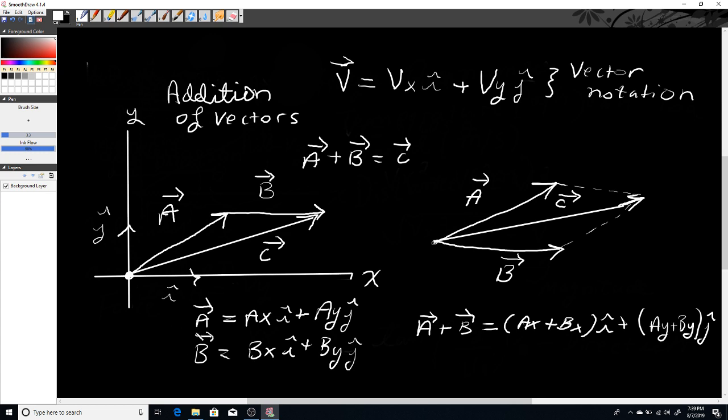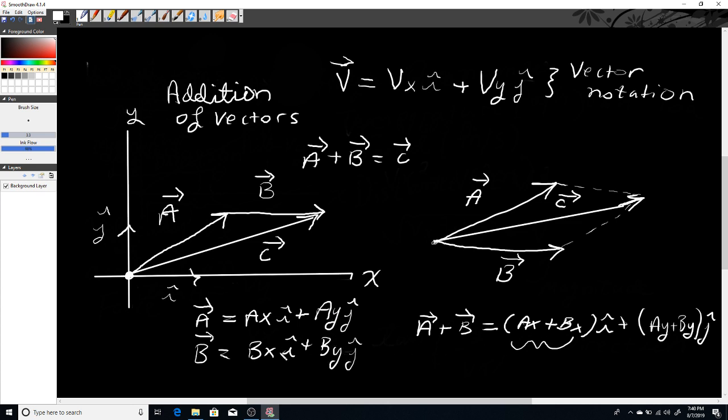So let's say that this vector was 2i and 3j. And then let's say this one was 4i and 5j. Well, this was 2 and this was 4, so these would add up to become 6. And this was 3 and this was 5, so this would add up to become 8.